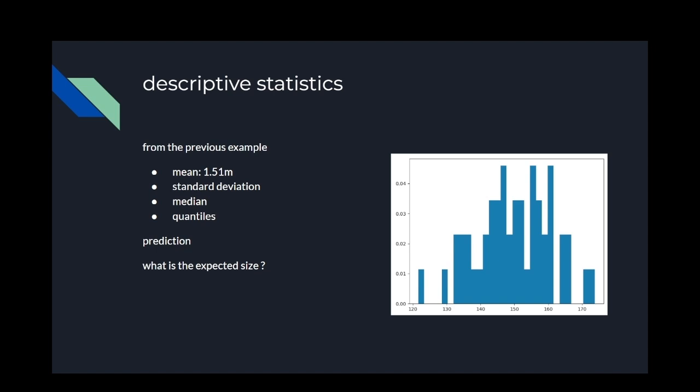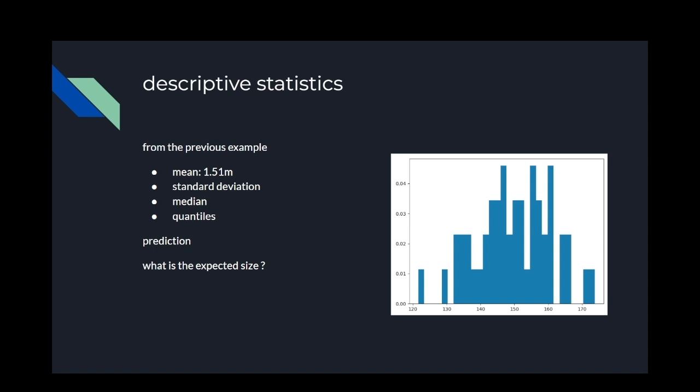Then we have standard deviation. This is going to be trickier to understand; we will go deeper into this concept later in the section on risk. But standard deviation in general will show us how dispersed the data is from the mean. A higher standard deviation means that the data is dispersed.